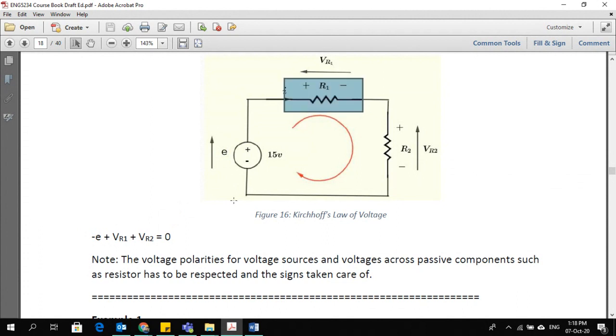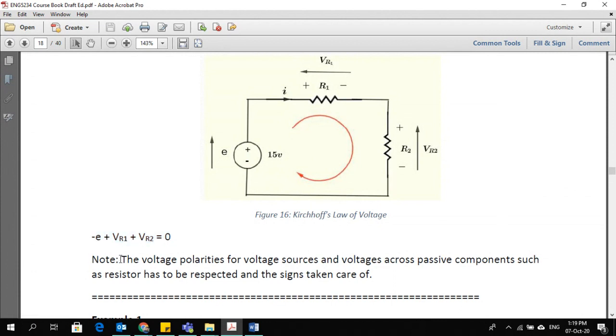The voltage on this I will call VR1, and I put a positive sign with this because I faced the positive polarity first. Similarly, following the loop, I came across R2 and its positive sign first. So the voltage on this would be plus VR2. So adding all the voltage drops, their summation should be equal to 0. This is what Kirchhoff's voltage law is.